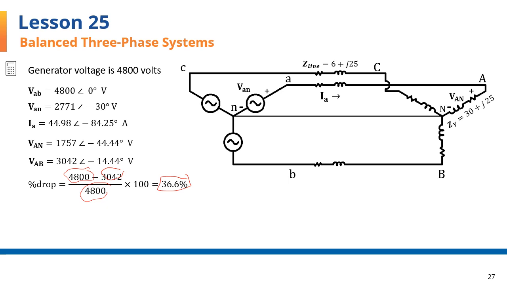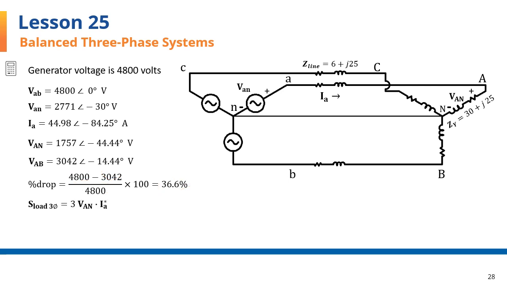We could have used line to neutral voltages for this calculation as well, but the answer would come out to be the same. This is, of course, a very poor voltage regulation. We can find the load power and line power losses next.